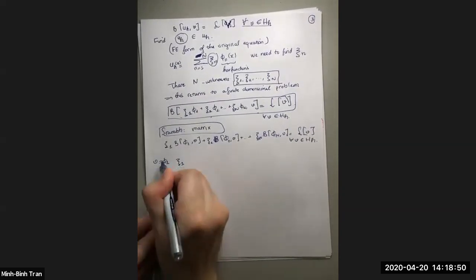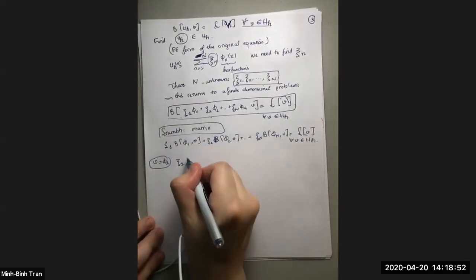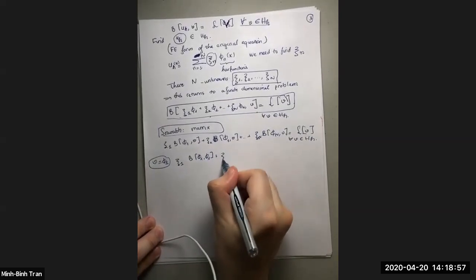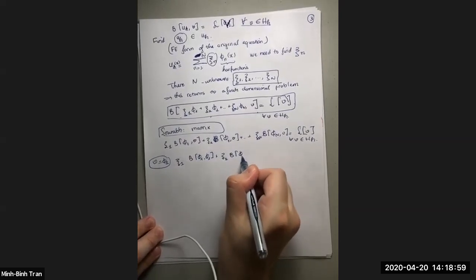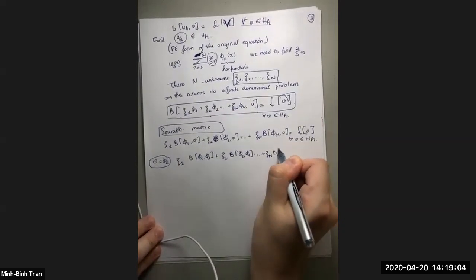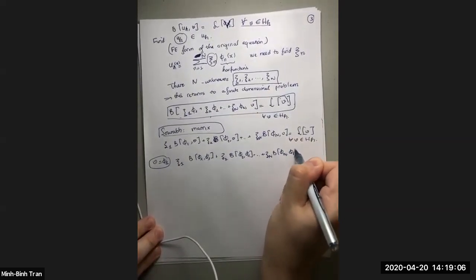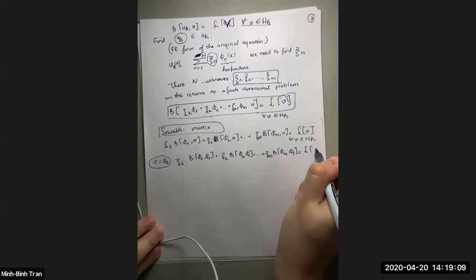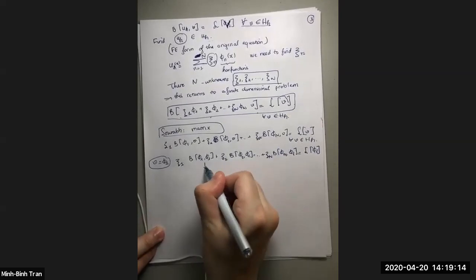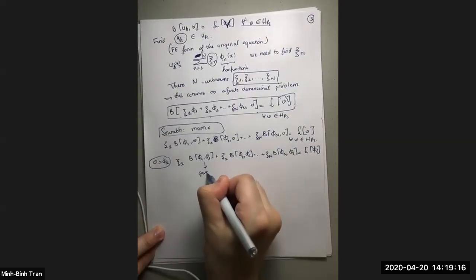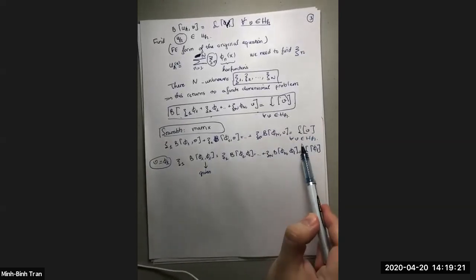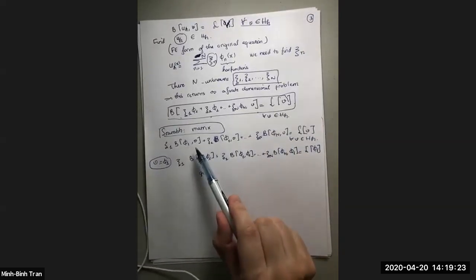If I choose V to be phi1, then I have C1 B(phi1, phi1) plus C2 B(phi2, phi1) plus Cn B(phin, phi1), which equals L(phi1). So this is given, because this equation is true for all V in H, I can replace V by phi1.